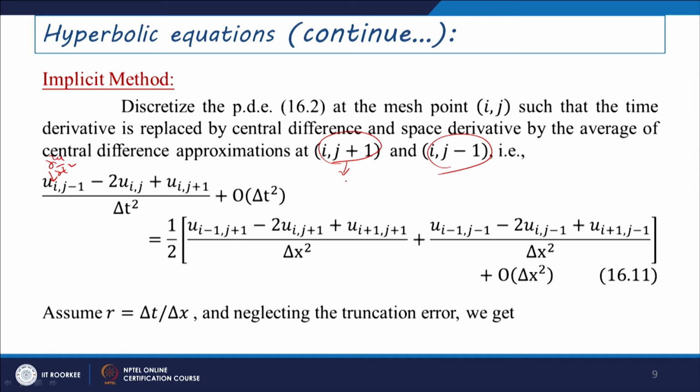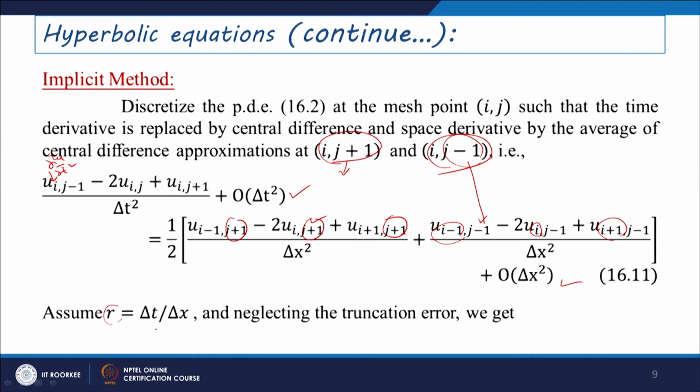If you take the central difference, then we can write i minus 1, i and i plus 1, and j plus 1 remains fixed. Similarly, if you go for i j minus 1, j minus 1 remains fixed. So, it will be derived from i minus 1, i and i plus 1 plus order of del x square term here plus order of del t square term there.